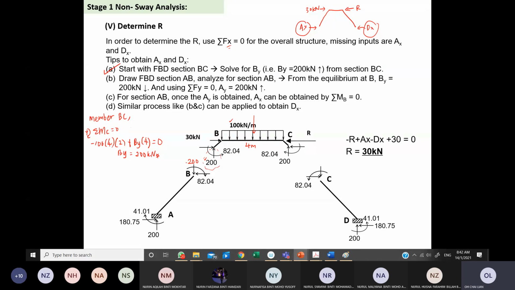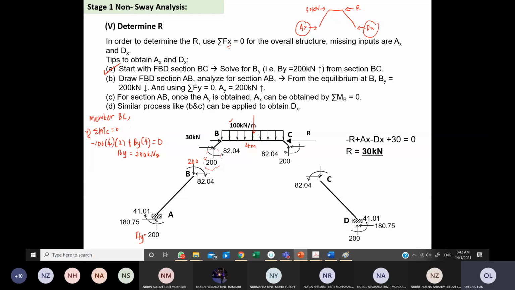Once you know this BY is 200, if you analyze the AB, what is the AY? AY is also unknown at this moment. Will it also be 200, class? Yes, because from summation Fy equal to 0 you solve for the AY, since there are no other vertical loads here. So AY is 200 kilonewton acting oppositely to this BY.